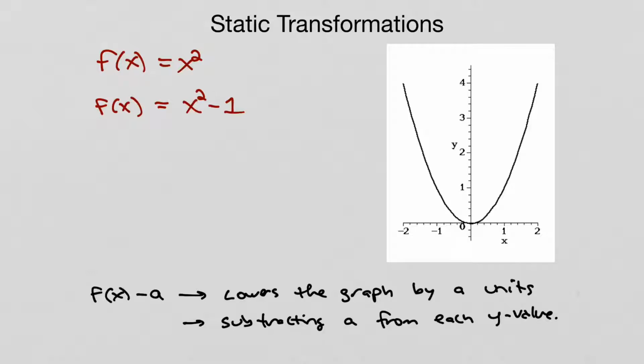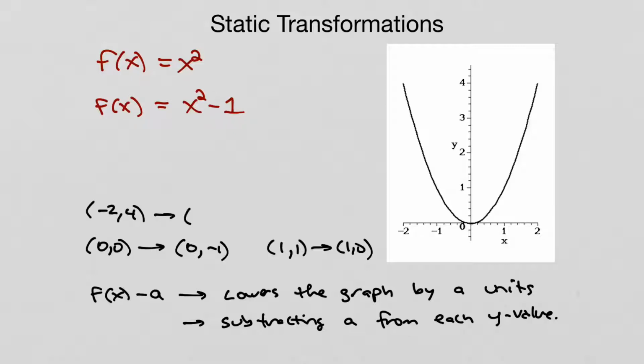Okay. So the point 0, 0, that will then get moved down to 0, negative 1. Right. The point 1, 1 will get moved down to 1, 0. The point negative 2, comma 4 will get moved down to negative 2, comma 3. Okay. So this point 0, 0 gets moved down here.